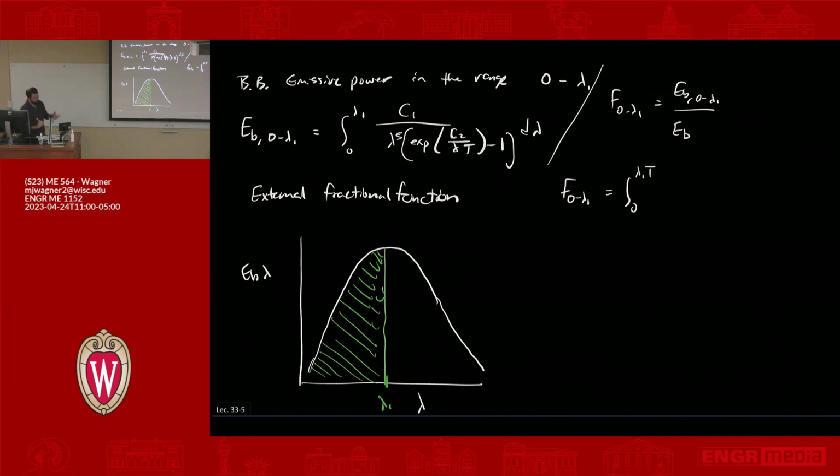It slightly changes the equation, but we can treat that product as a single variable. It looks like the integral of C1 divided by sigma, times (lambda T) to the 5th power, times the exponential of C2 over lambda T, minus 1.